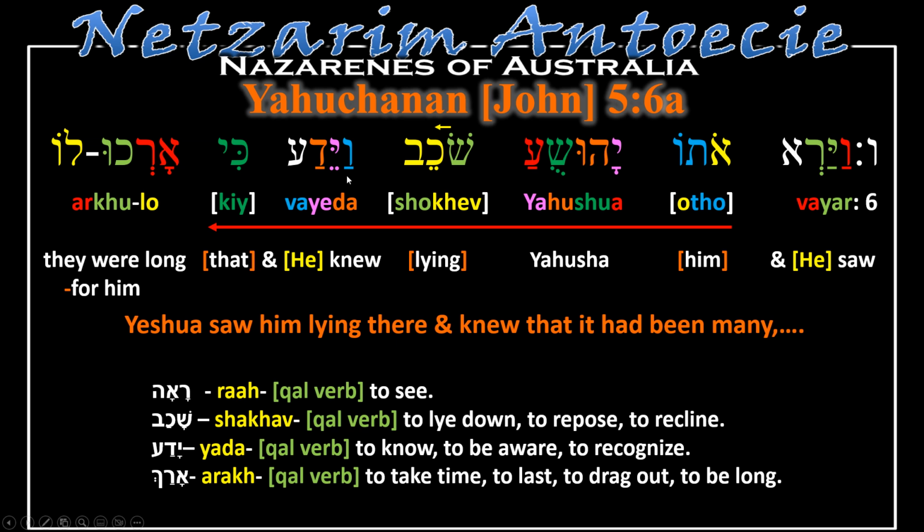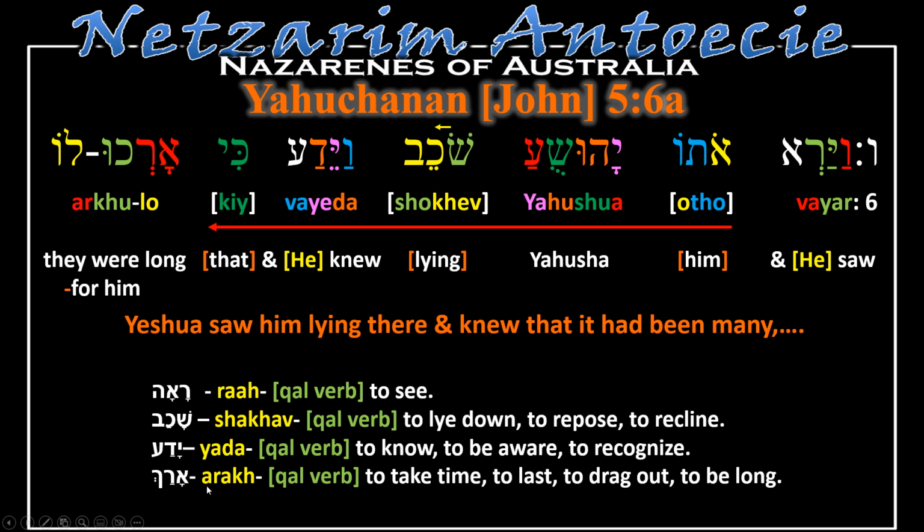And then we read here, vayeda, and he knew. Again, it's a perfect form with the vav in front of it. And he knew, ki, that, arku lo. Arku, they were long, and then lo is for him.